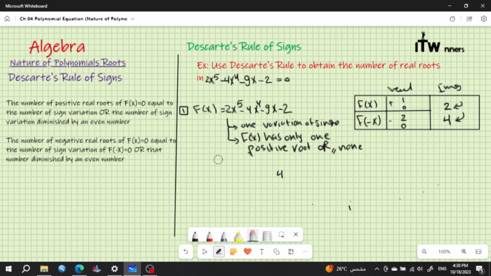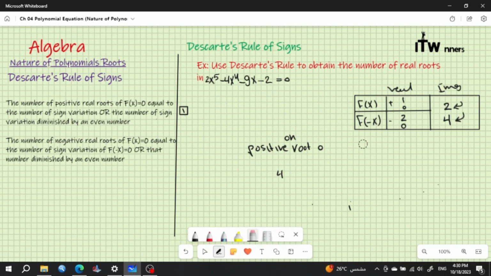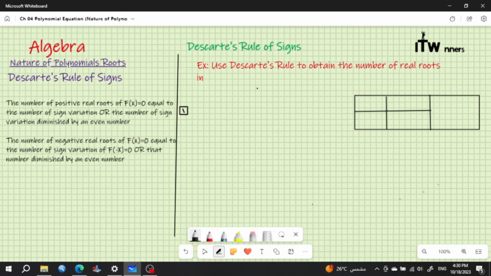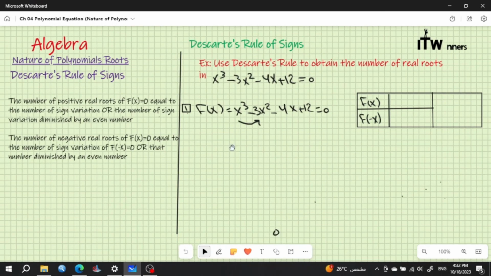Here if we have x cubed minus 3x squared minus 4x plus 12 equal to 0, then f of x equals x cubed minus 3x squared minus 4x plus 12. So here f of x has two variations of signs.